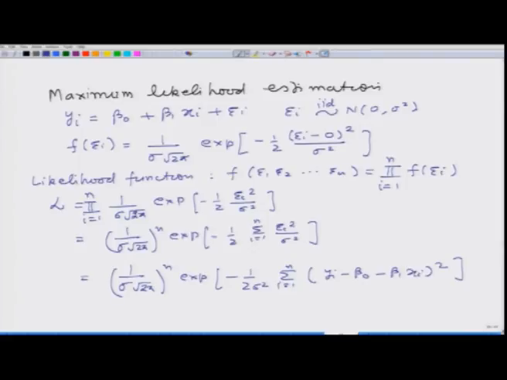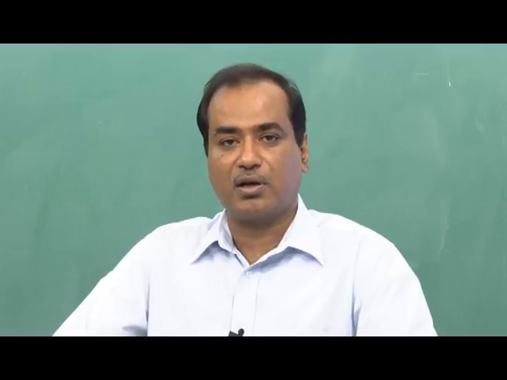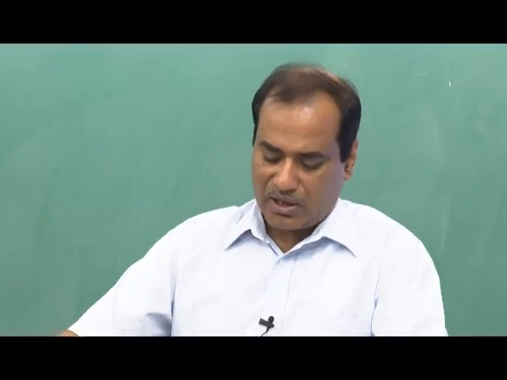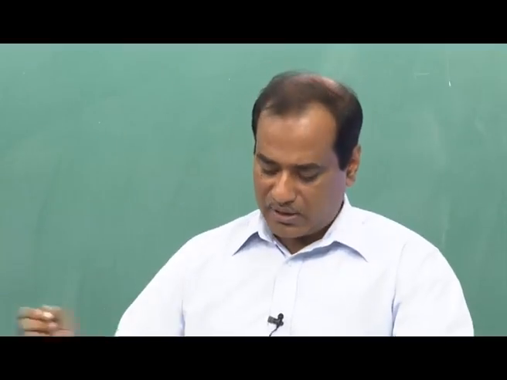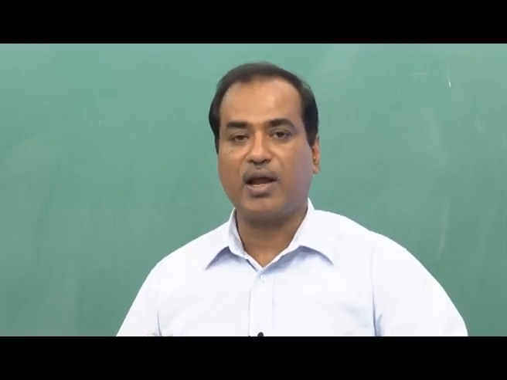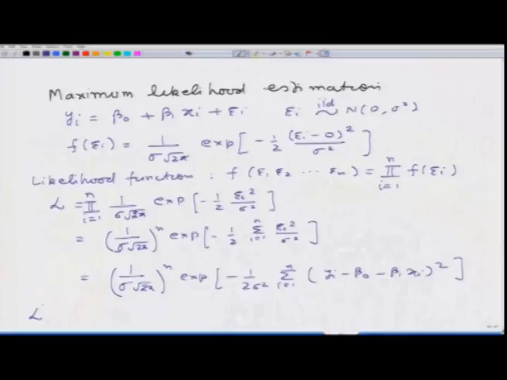And since we know that the log function is a monotonic increasing function, you will see later on that it is easier to handle the log likelihood rather than the likelihood function. So at this moment itself, first I can take the log of the likelihood, log of L, and I denote it by L star.